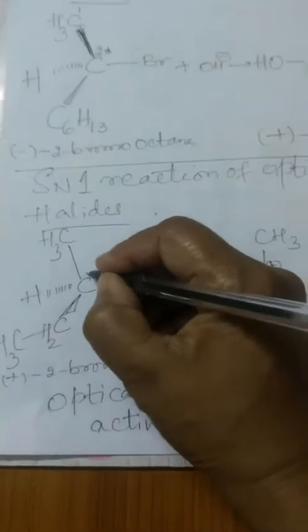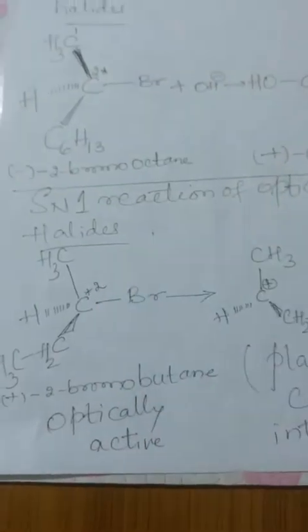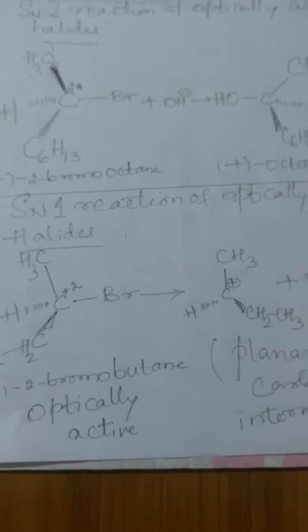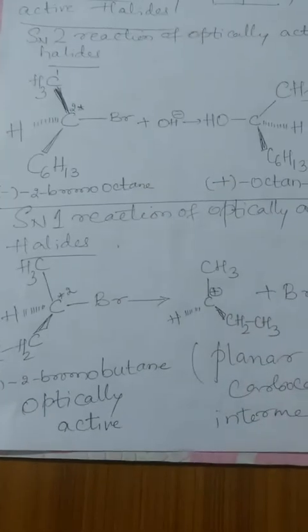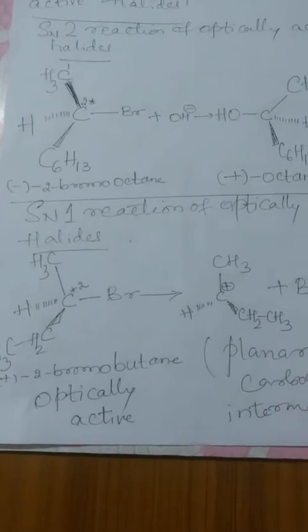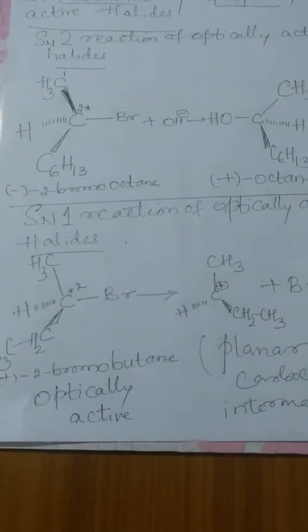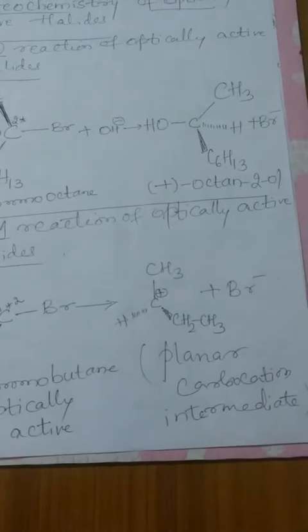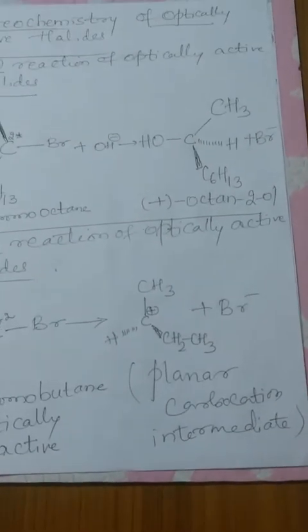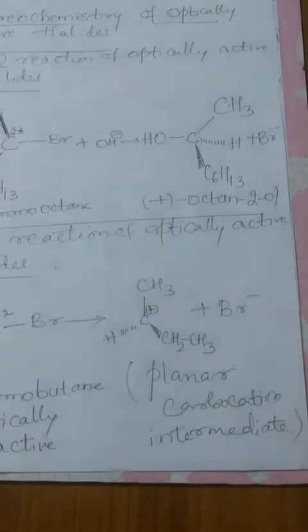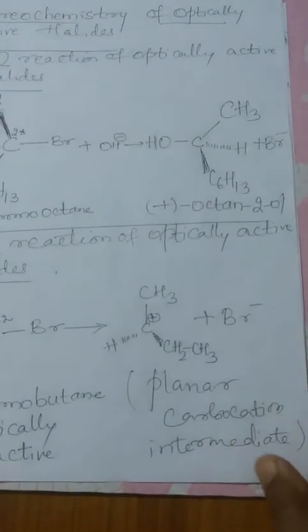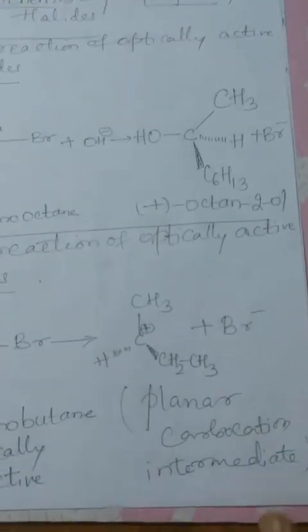This is the second carbon atom which is optically active, or chiral carbon atom, to which the halide Br is bonded. So 2-bromobutane, which is optically active, here it is the (+) isomer, undergoes slow ionization to form an intermediate planar carbocation in which the chiral carbon atom carries a positive charge, eliminating Br minus, which is the halide.